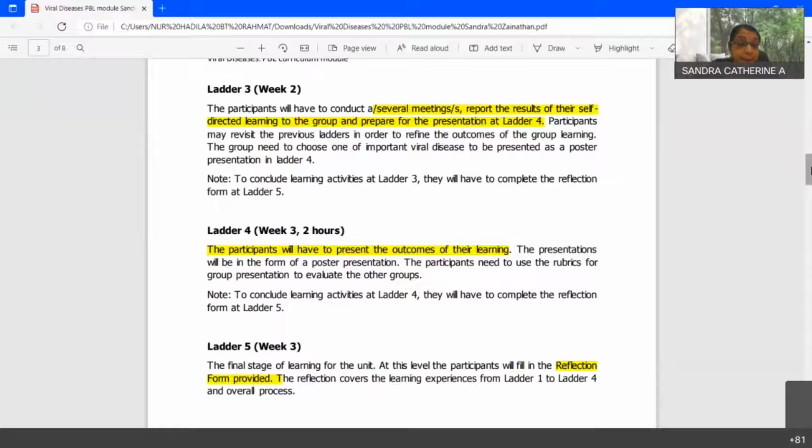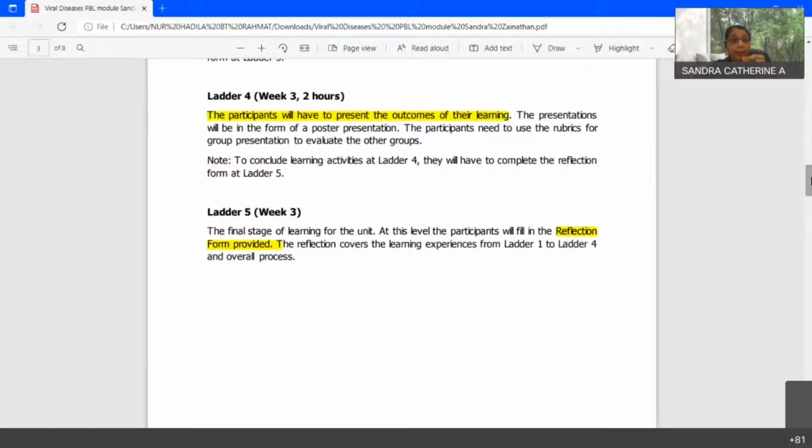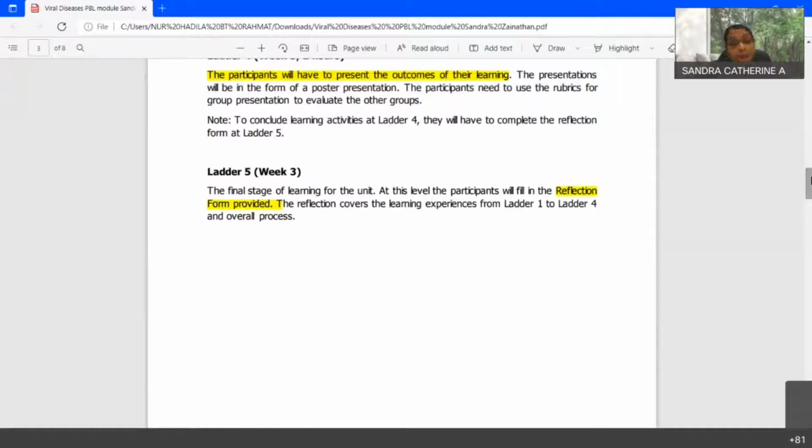And the final stage is where we give them the reflection form. So they need to reflect on each of the steps during the PBL approach. If you could see, there are 5 ladders of the problem-based learning, 5 steps in order for us to do the problem-based learning.